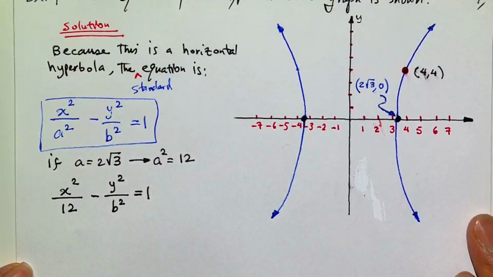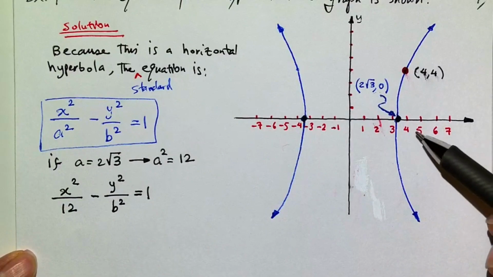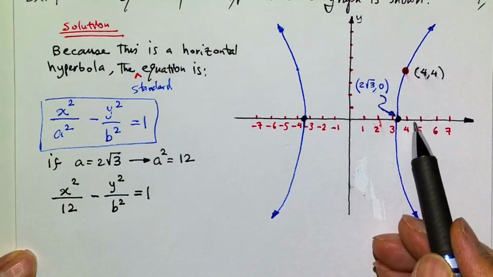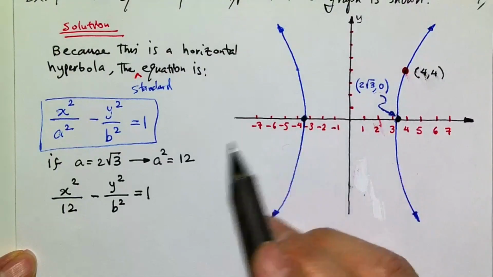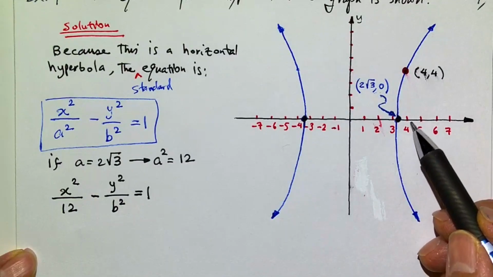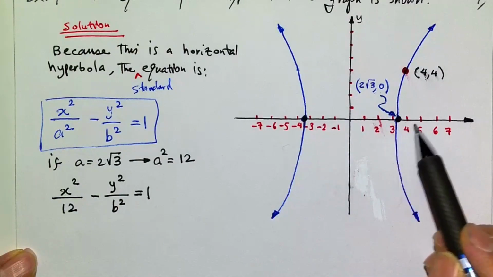So how are we going to find b squared? Because if we were given the focal points on this side and on that side, we could easily figure out b squared from that formula. Because we know c squared is equal to a squared plus b squared, so from that we could find b squared, which would be c squared minus a squared. But we don't have the focal points, which would be equal to c.